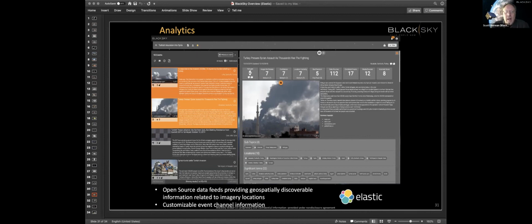In fact, that anomaly score and that image worthiness score would result in an automatic collection by our satellites without even having a human in the loop. It would just see the score and go, I need to retask the satellites. I need to prioritize this area for satellite collection. And again, these analytics, the queries, and the underlying geospatial catalog is all based on Elastic.